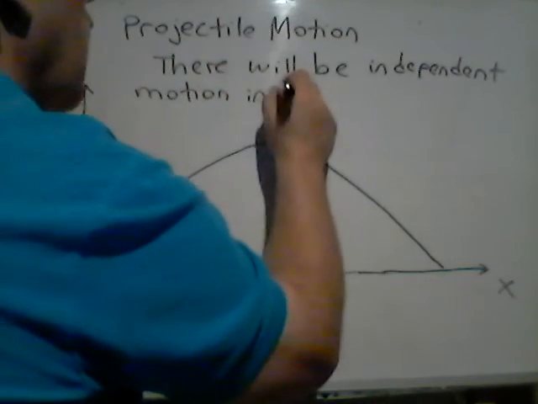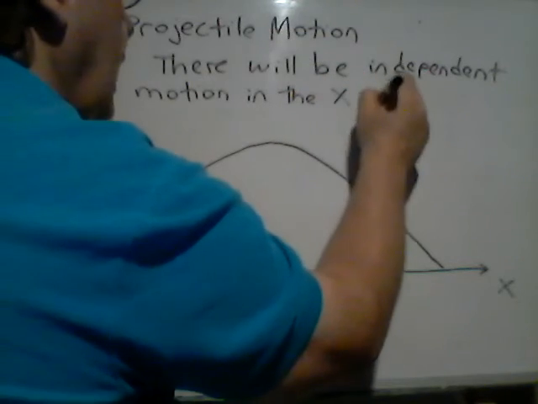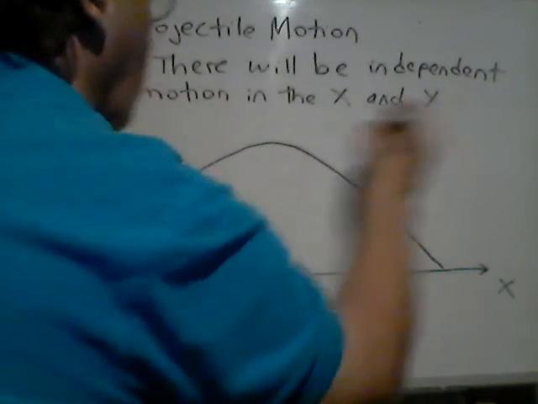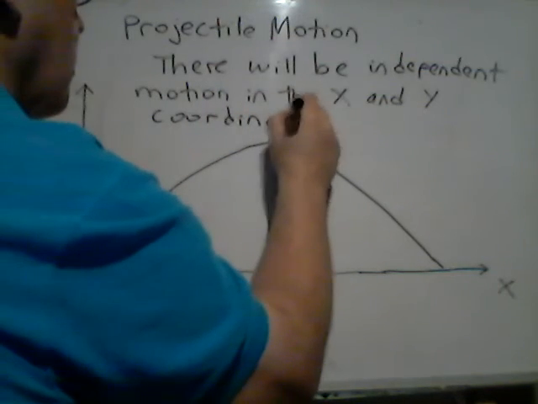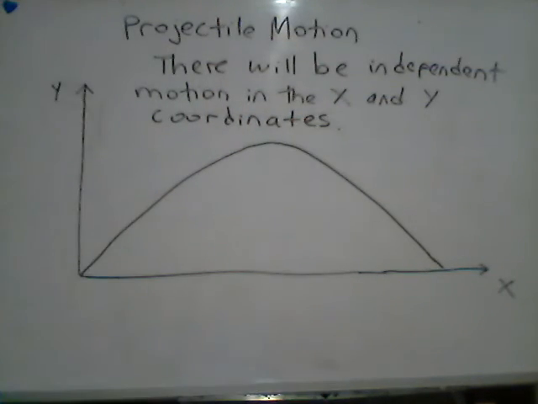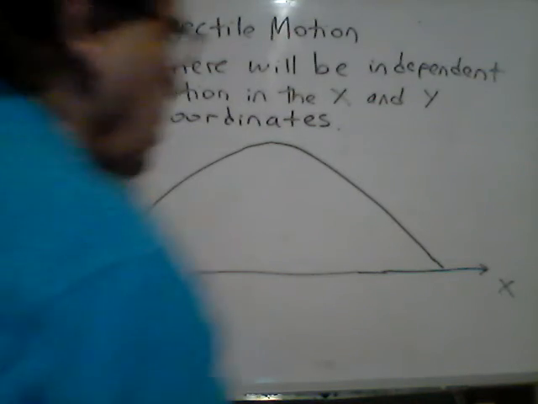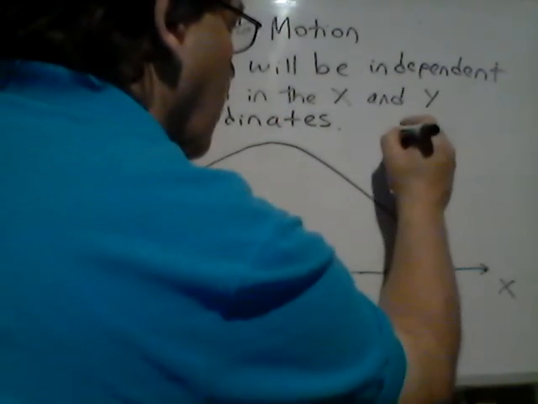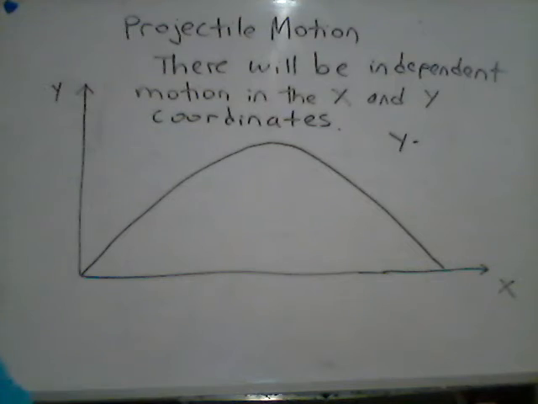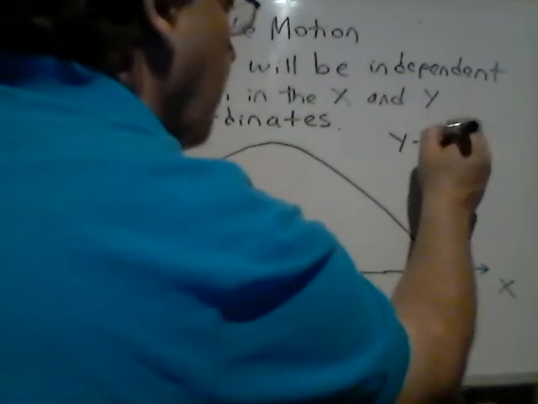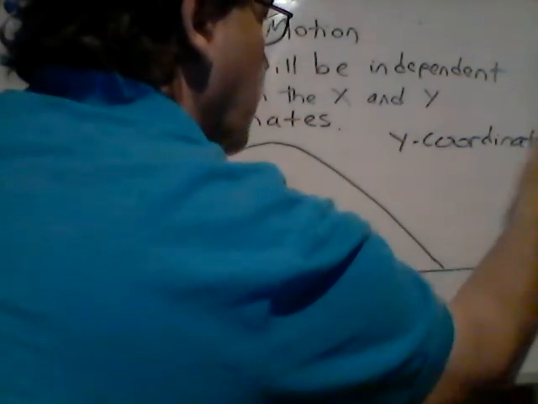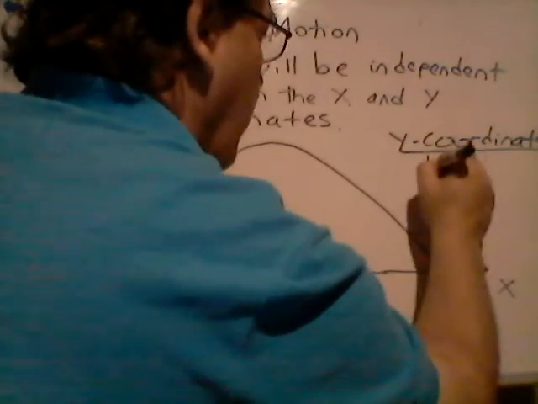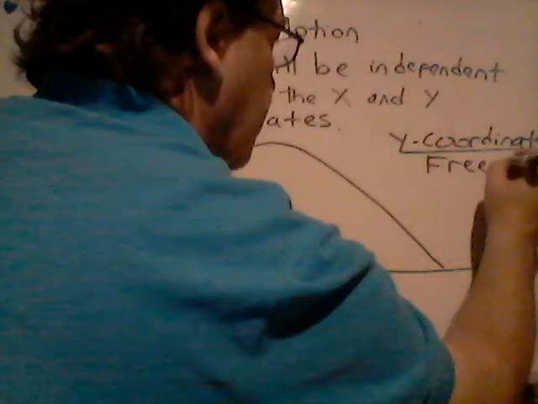In the x and y coordinates, okay? In the y coordinate, so I'm not blocking anything here. In the y coordinate, we have free fall. We talked about free fall in chapter 2.